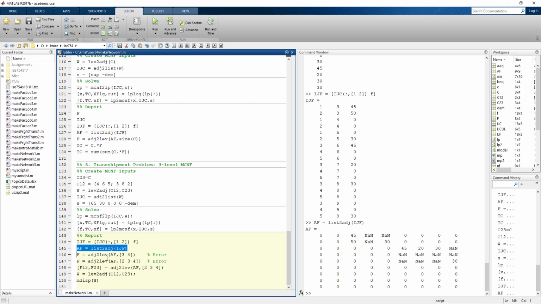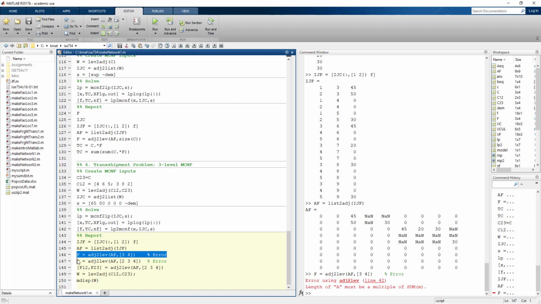And then in terms of being able to convert the adjacency matrix into interlevel matrices, one way you may think would work would be to take, say, for the example, the ultimate size of the F matrix that we had before, which is a 3 by 4. And if we tried to do that, we would get an error because the output has to correspond to the multiple levels of the interlevel matrices.